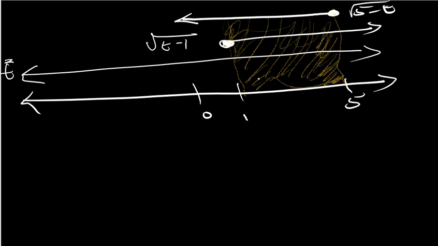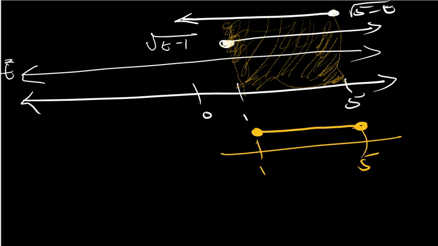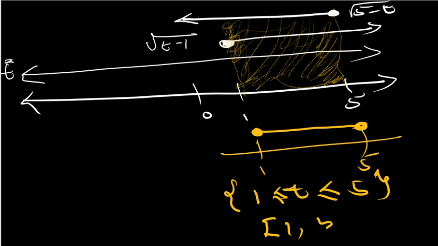This region is the intersection of the three domains. We can represent that on the number line as from 1 to 5 inclusive, or 1 less or equal to t less or equal to 5, or better still, square bracket 1 comma 5 then close with a square bracket. So this is the domain of our vector function r of t.